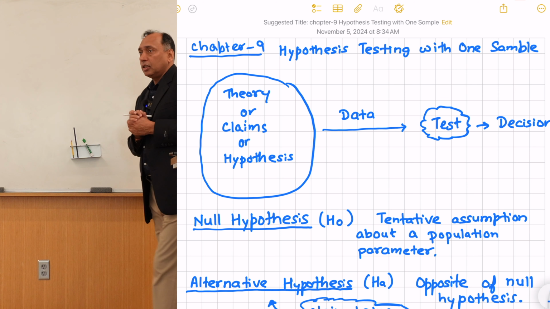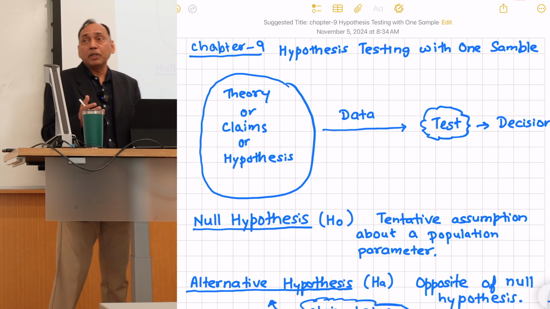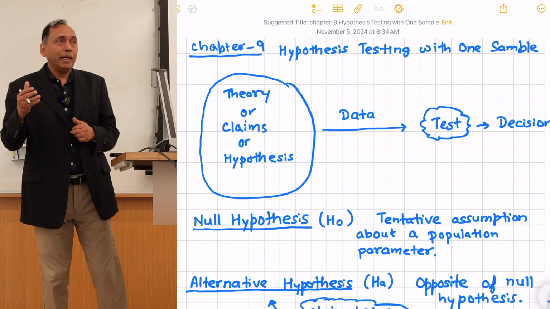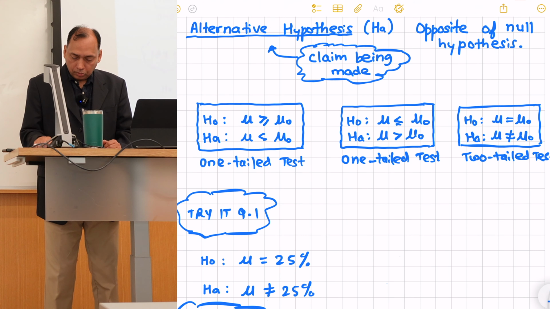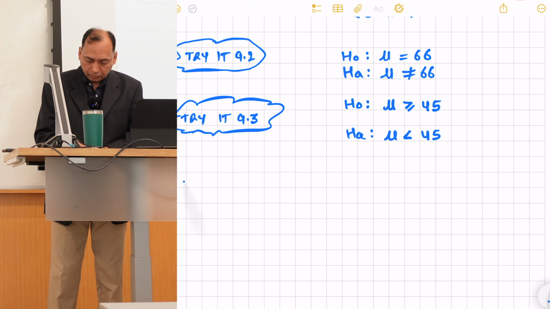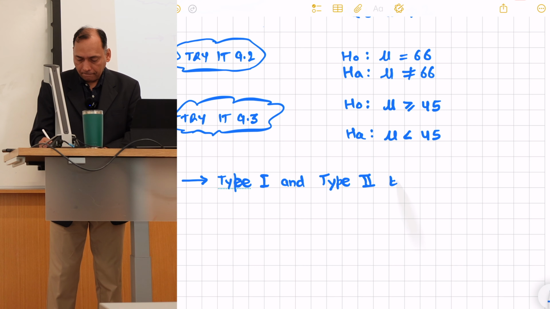So whatever decisions we take, sometimes they may be wrong. Like if you have 95% confidence, then out of 100 times, 5 times you could be wrong. Those errors in decisions are called type 1 and type 2 errors.